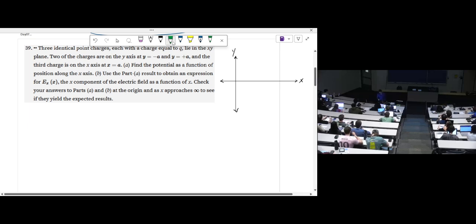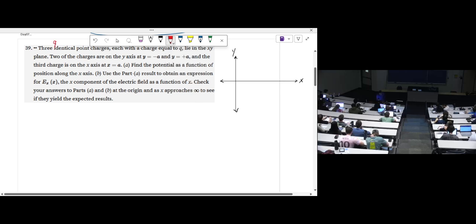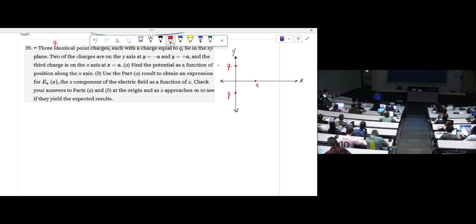It says 3 identical point charges, so I'm going to label them Q. So I've got Q here, Q here, and Q here, all at y equals plus or minus a and x equals a. So this distance is a, and this is also a distance of a. Hopefully I drew that somewhat to scale.